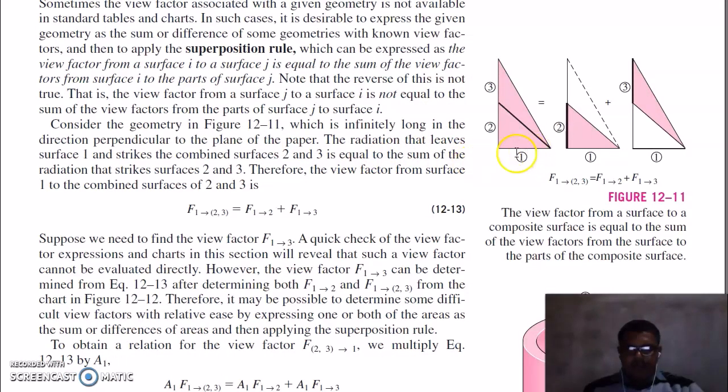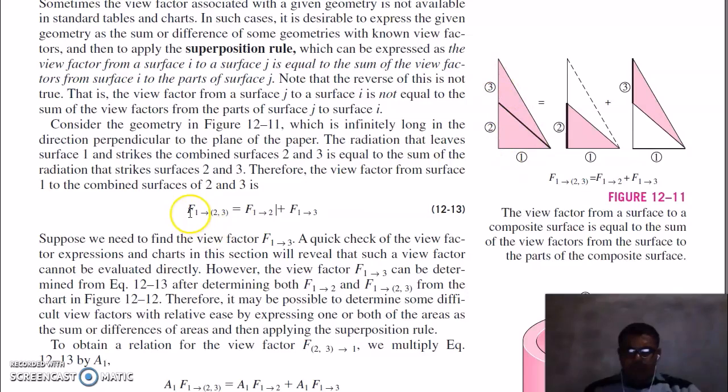Let's say for example, you have surfaces 2 and 3. We have to find the view factor from 1 to surfaces 2, 3. So it can be written as from 1 to 2 and from 1 to 3. Now there is no such geometry in the table given for the 1 to 3 view factor.